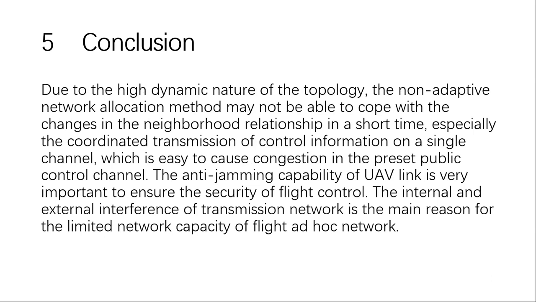Due to the high dynamic nature of the topology, the non-adaptive network allocation methods may not be able to cope with the changes in the neighborhood relationship in a short time, especially the concentrated transmission of control information on a single channel, which is easy to cause concurrency in the present public control channel.